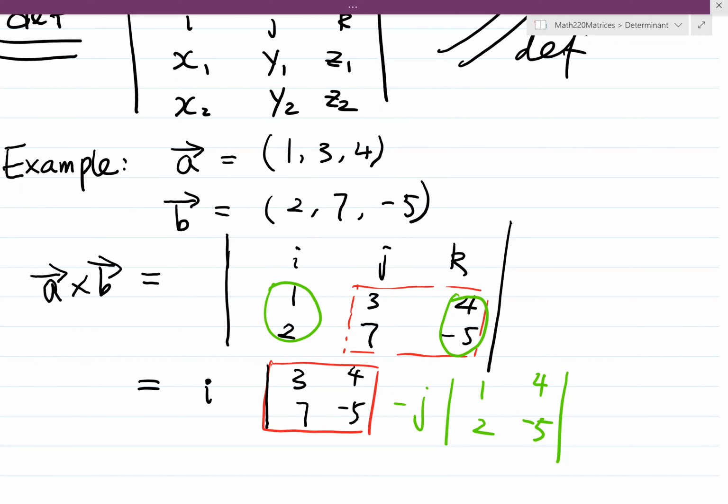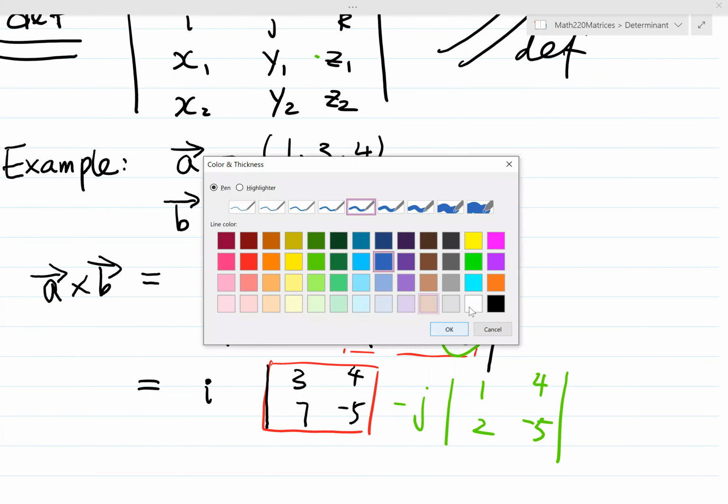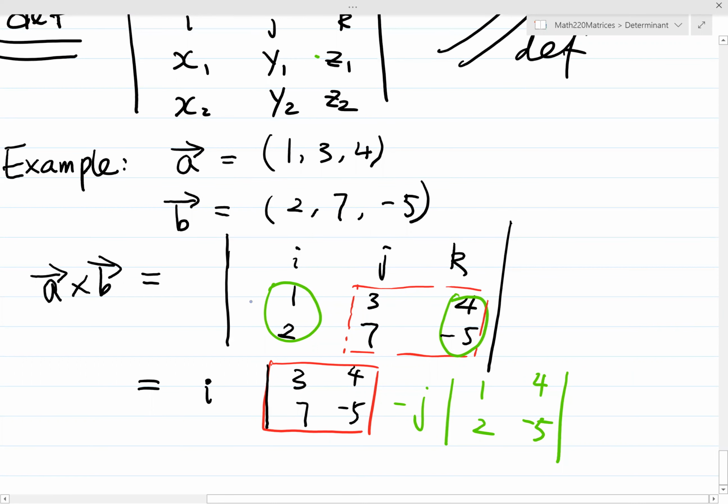Let's use another color, blue. If you cross out k, what remains is the blue part. So this is what you cross out, and the remaining is the blue circle.